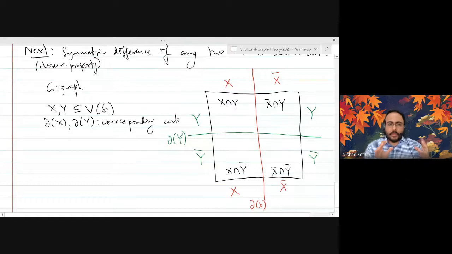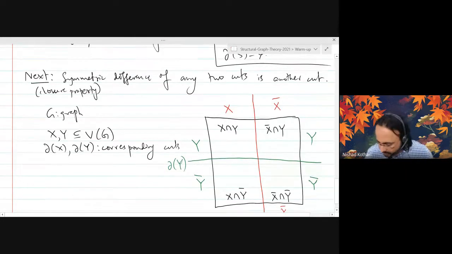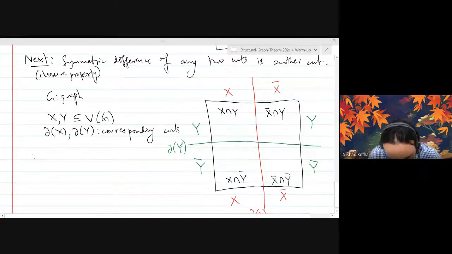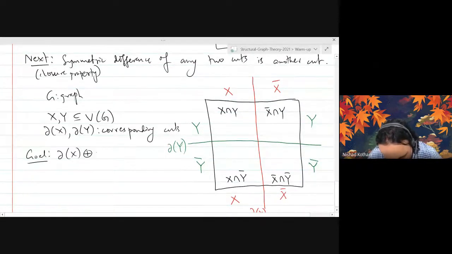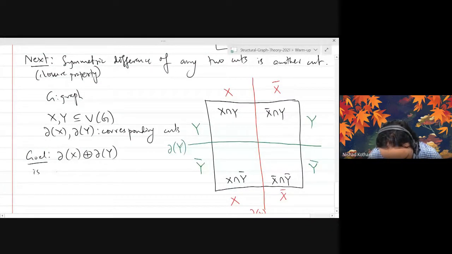Now, in order to prove this statement, what's our statement? We are going to show that the symmetric difference of these two cuts, partial X symmetric difference partial Y, is another cut of the graph G. What does that mean?